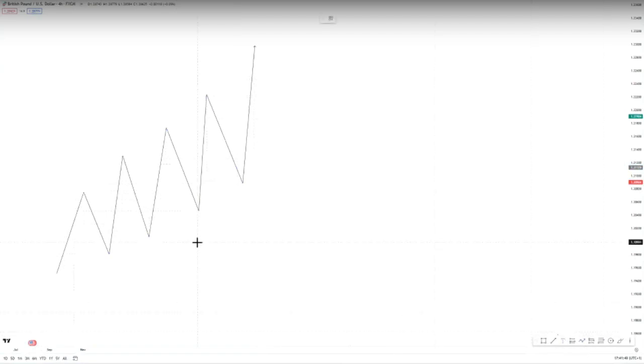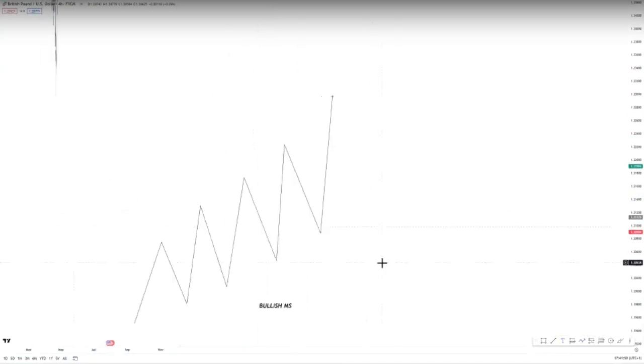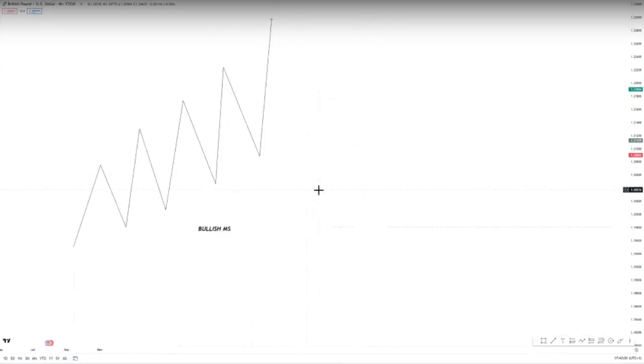This type of market structure is what's called the bullish MS. We will speak like that. The bullish MS, right? When you say that a market is buying or the market is bullish, this is what you mean. The market is buying. You understand?